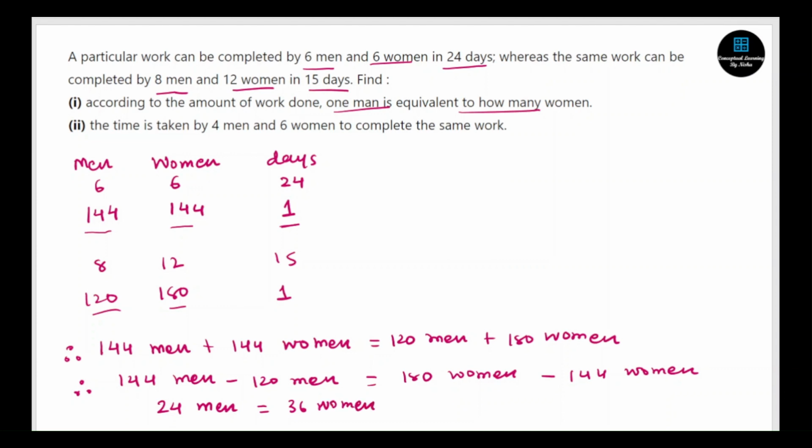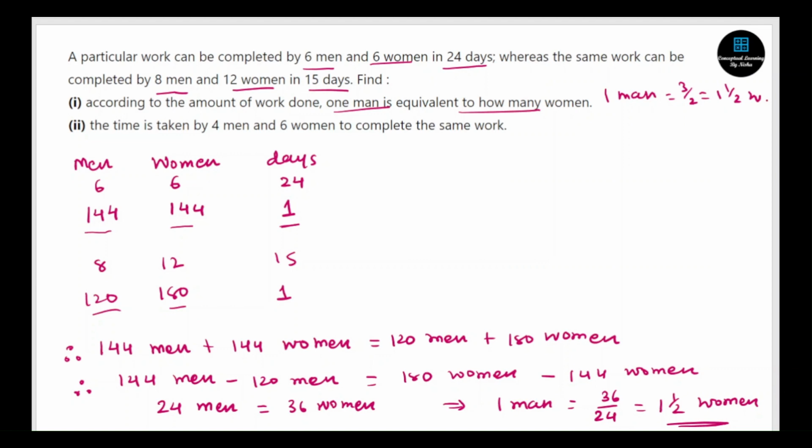And now when I find for 1, 1 man equals 36 upon 24, which is nothing but 1.5 women. Alright, so we got the first answer. Okay, so 1 man equals 3 upon 2, or you can say 1.5 women.